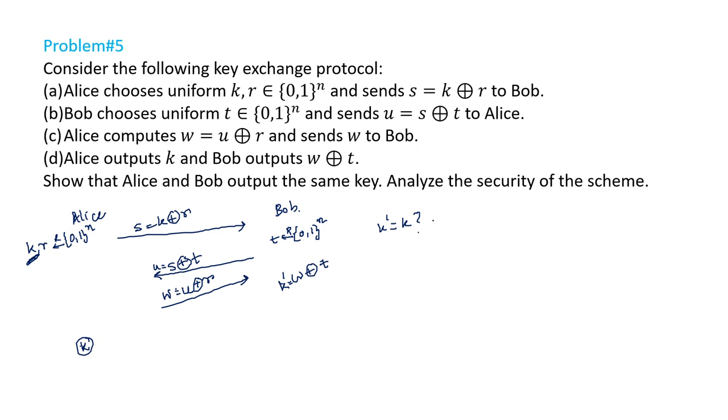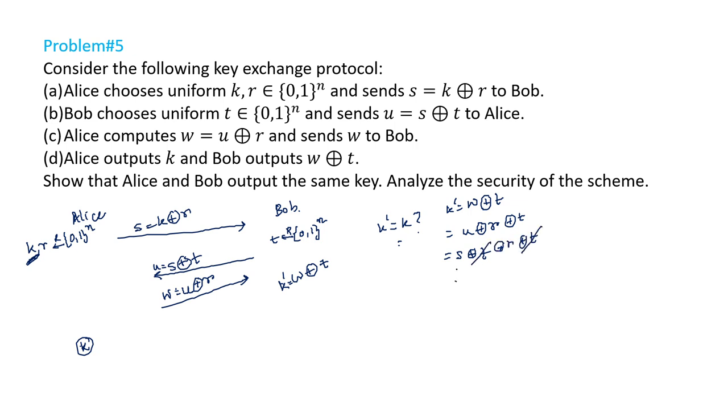So what is K dash? K dash is W XOR T, W is U XOR R, XOR T. What is U? U is S XOR T, XOR R, XOR T.